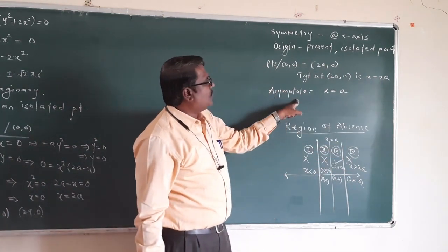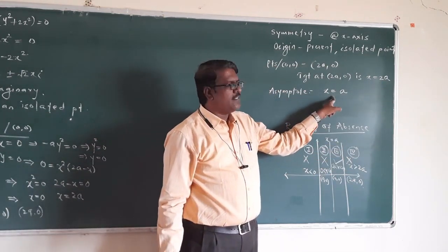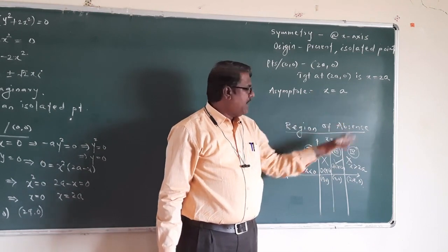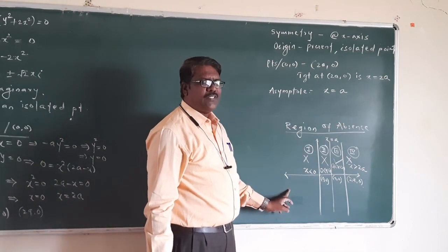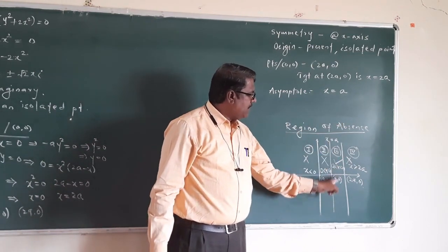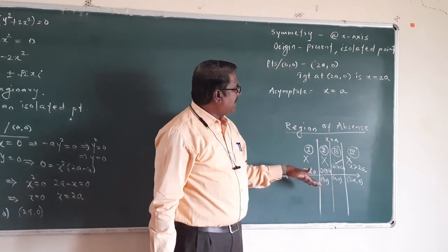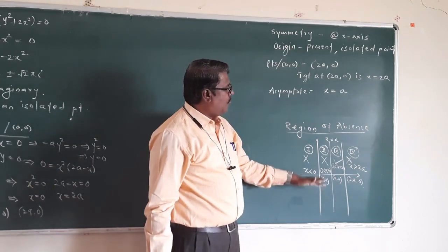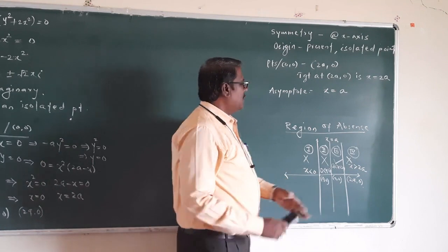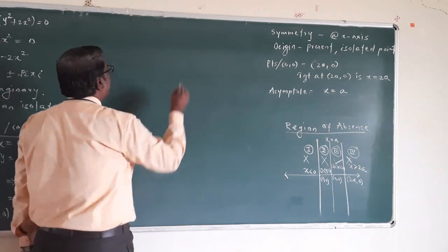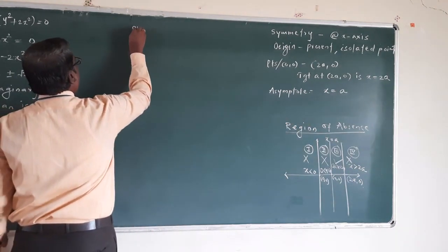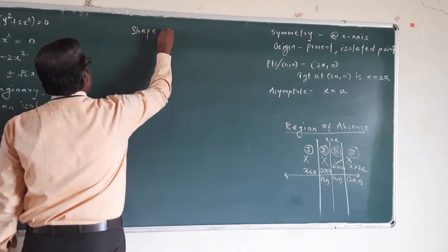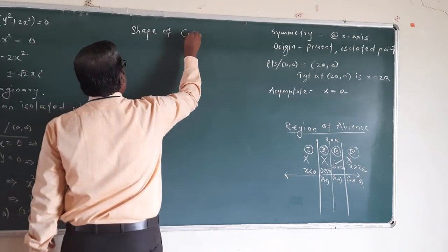There is one asymptote which is parallel to the y-axis, that is x equal to a, and this is the region of absence. So only in the third region the curve is present. So by considering all these points, we will draw the curve. The last point is the shape of the curve.